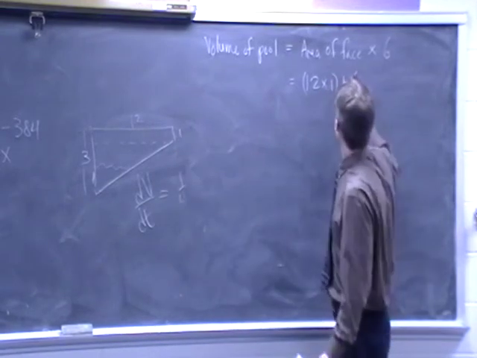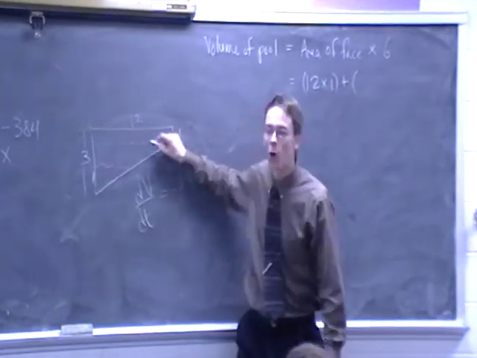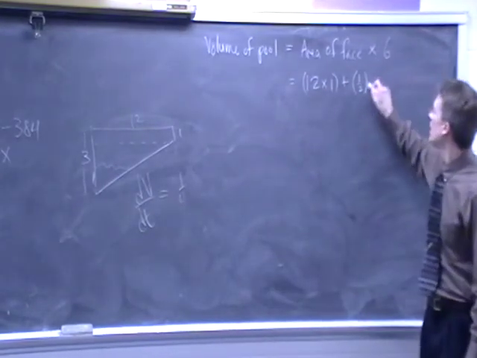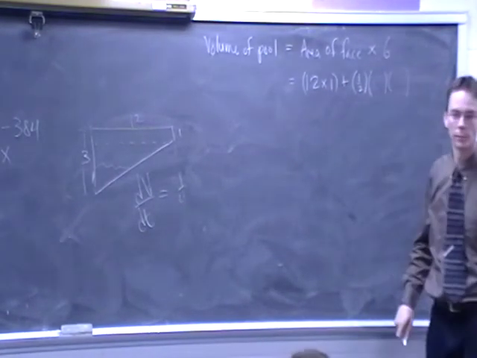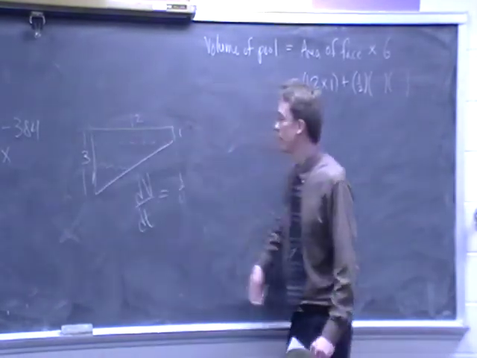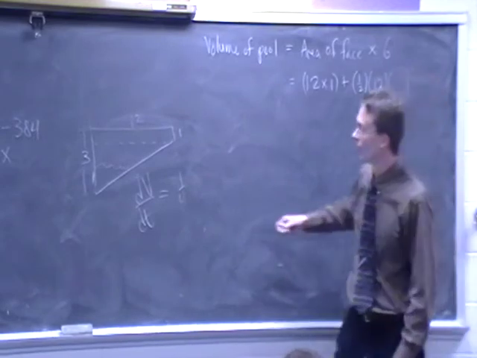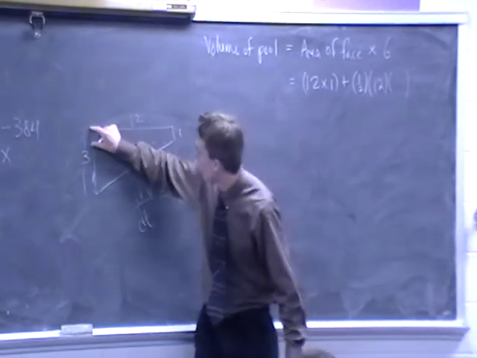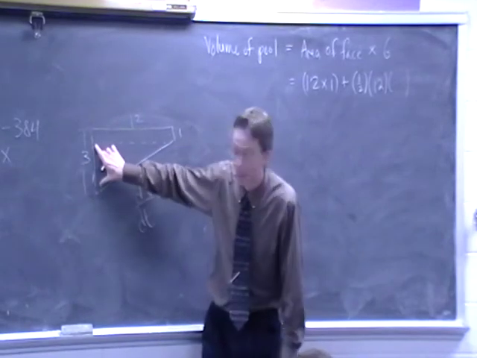But let's add on the area of the triangle below it. So the area of the triangle is 1/2 base times height. Yeah, base is still 12. That's the distance in 1 dimension. Height is 2. Yeah, because if the top part is 1 and the whole part is 3, that means this much is 2.